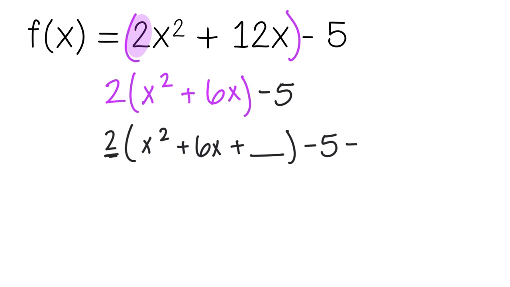I'm taking this 2 and I have to multiply it times whatever goes inside my blank. Okay, so that's the new part. After I factored out my 2, I need to keep everything the same. I need to keep everything equal. So if I'm factoring out a 2, that means keep in mind I'm multiplying all of this by 2. I still have to multiply this by 2 as well.